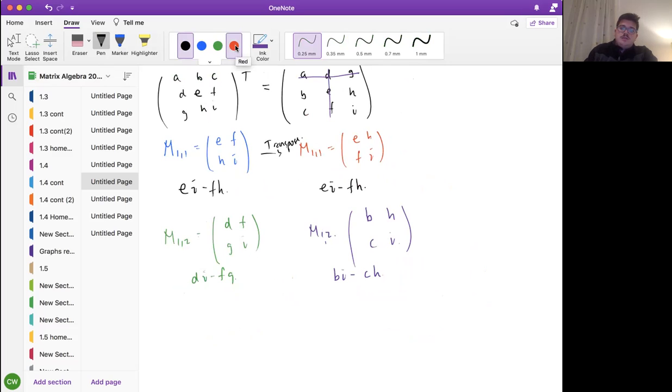Now finally, let's do M13 determinant. So M13 would be D, E, G, H. And then could someone give me M13 for the transpose?